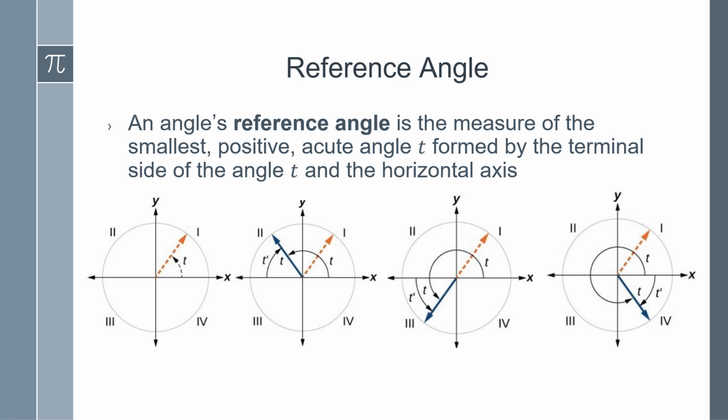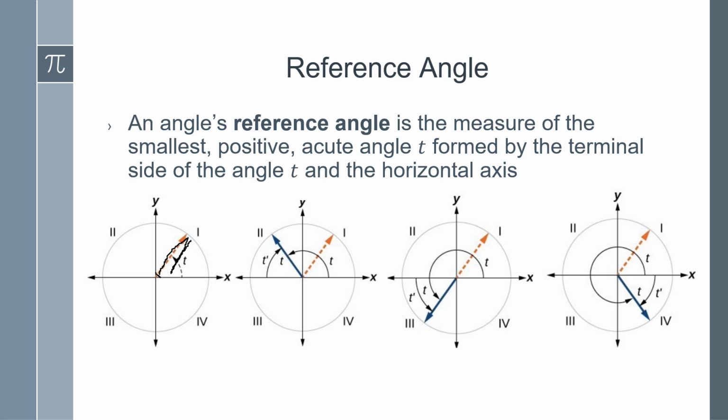So all this is saying to you in translation is you are trying to find the measure of the smallest positive angle, so quadrant 1, formed by all these other angles in quadrant 2, 3, and 4.